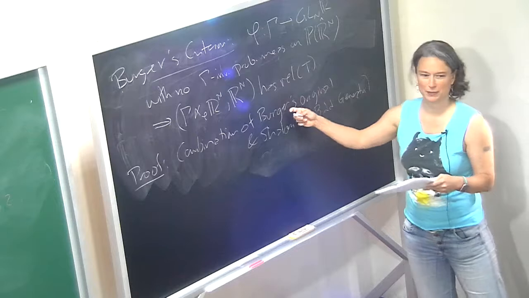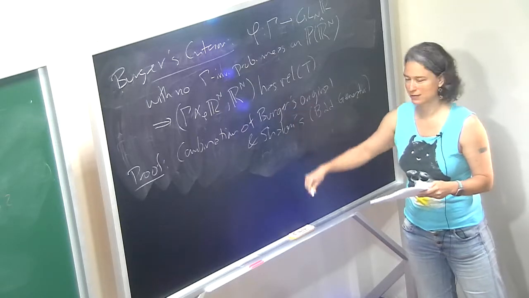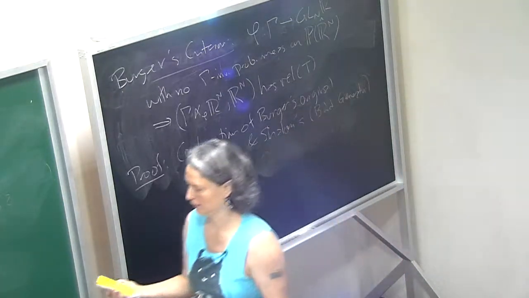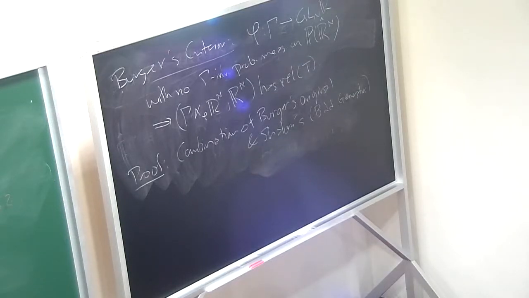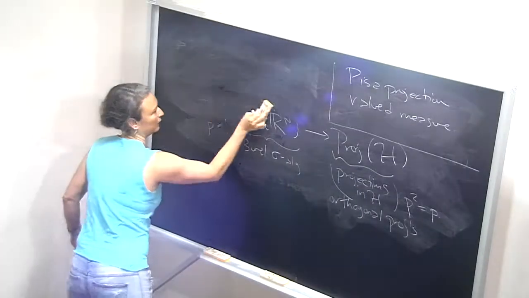And I'm not writing Berger's title because it's the only one in the references, but it's called something like Kazhdan constants for SL3, or something like that.